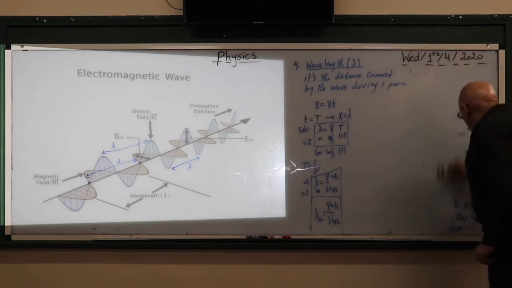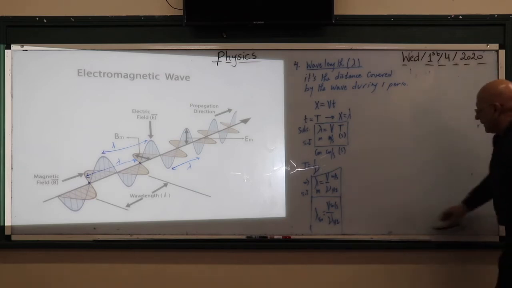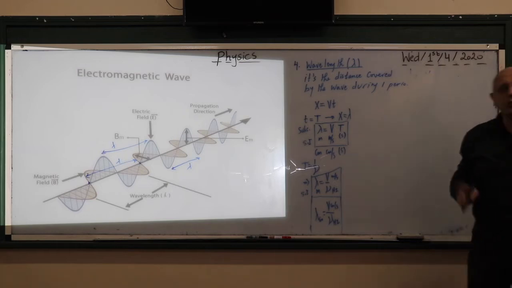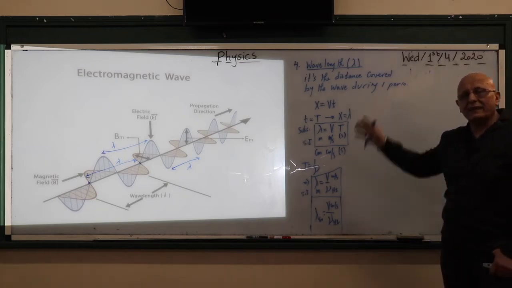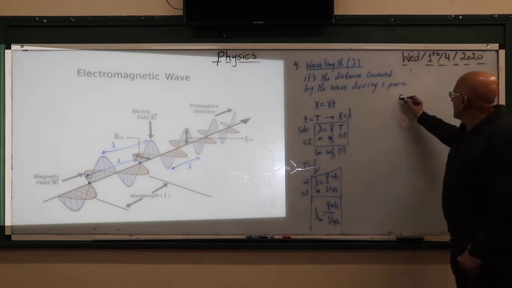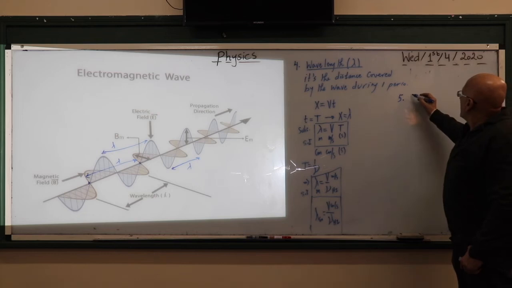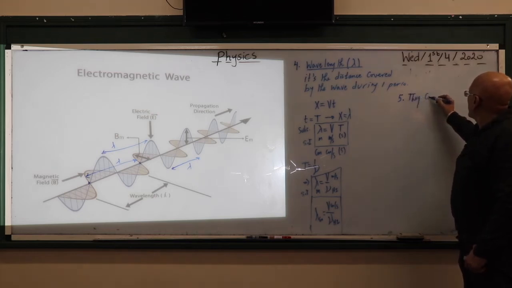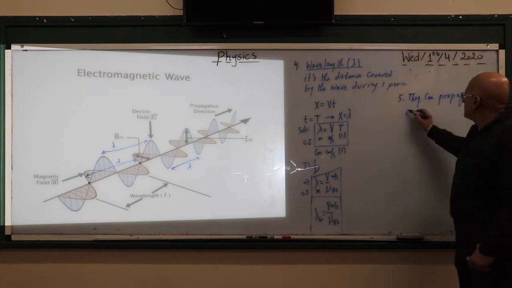The four properties, we have finished them. Every electromagnetic wave has these four properties, and all of them have the following properties. They can propagate in vacuum.